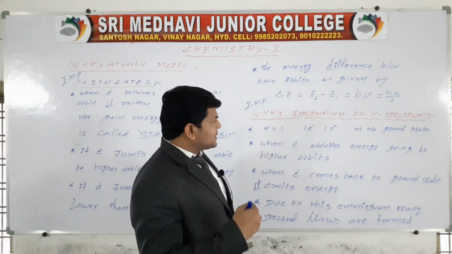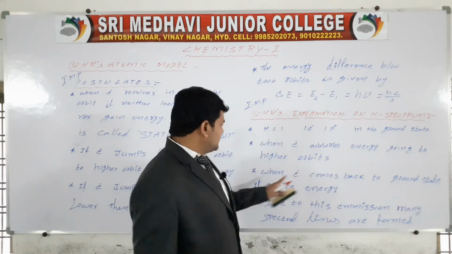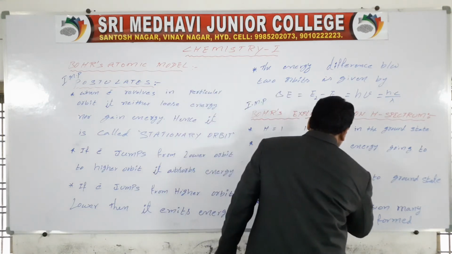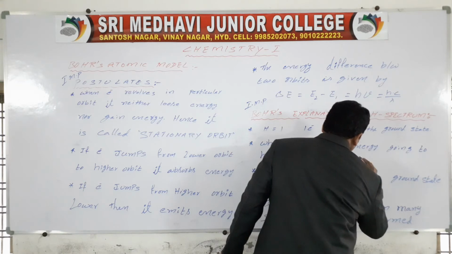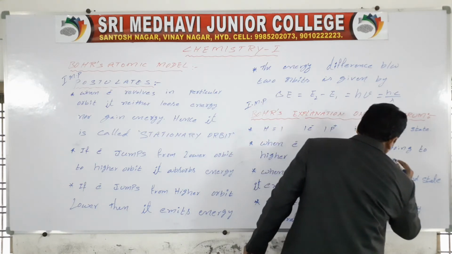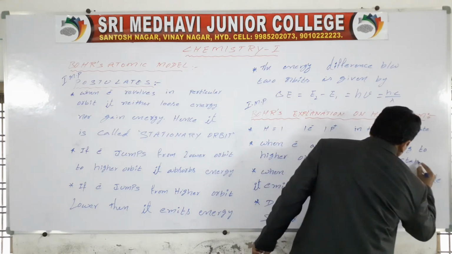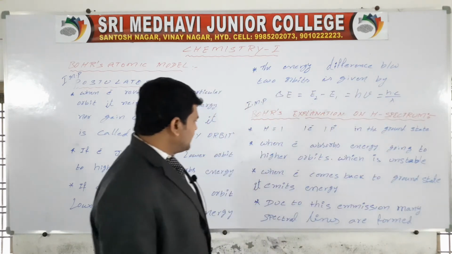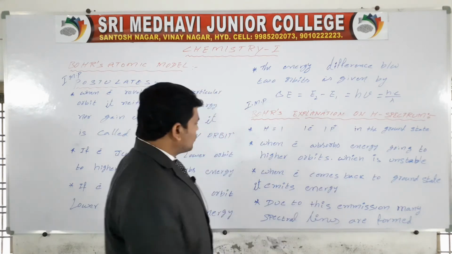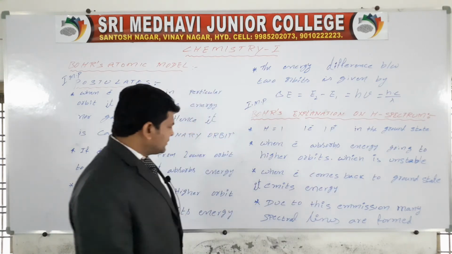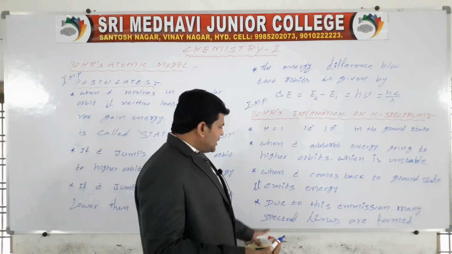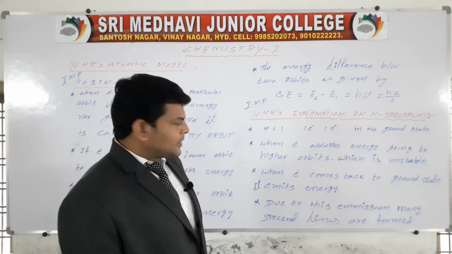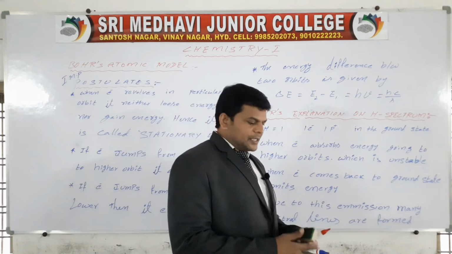When the electron absorbs energy and goes to higher orbits, which is unstable, when the electron comes back to the ground state, it emits energy. Due to this emission, many spectral lines are formed in hydrogen spectrum.